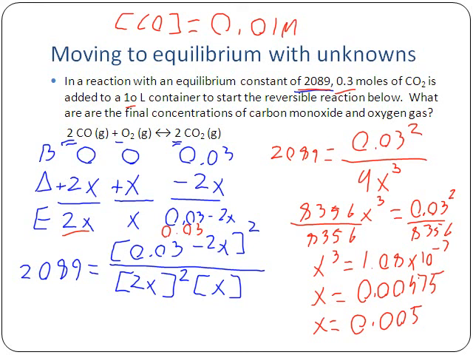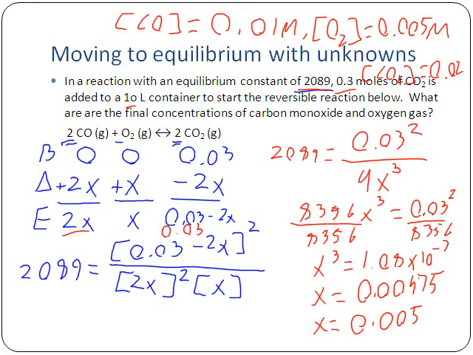For the oxygen, the concentration would be just x, so that would be 0.005 molar. For our last one, the CO2, we said x is very, very small here, and so it would be basically 0.03 minus 0.005 times 2. 0.005 times 2 is 0.01. And so the carbon dioxide concentration is basically going to equal 0.02 molar.